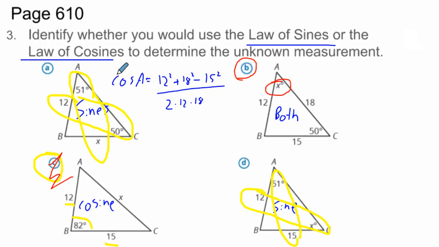So I'm going to put in the inverse cosine of all of this, putting parentheses around my numerator and denominator. I put that all in the calculator, and I find that angle A, or X here, is going to be 55.8 degrees. So that is the whole lesson.